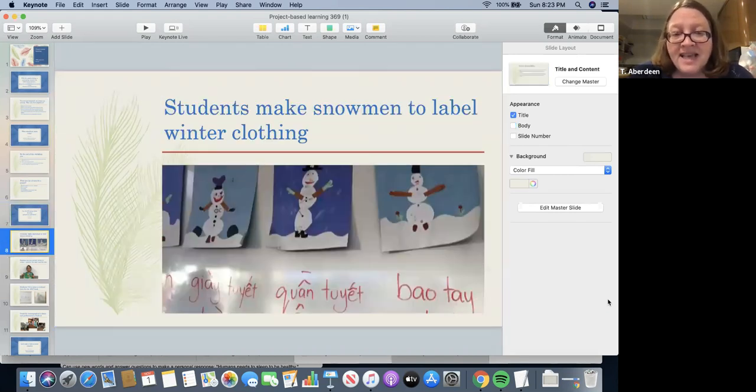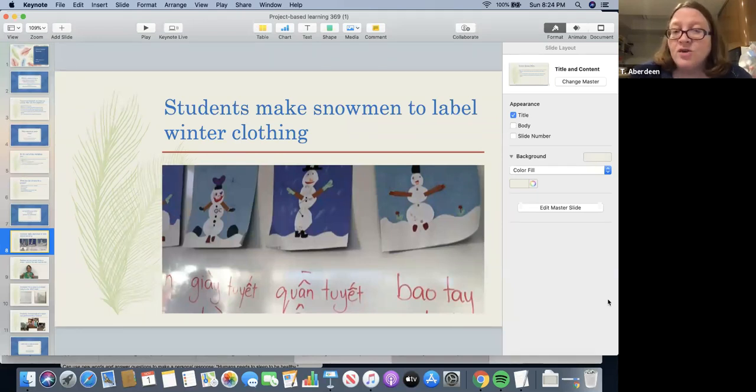And then the snowman has a hat, mittens, boots, a scarf. So when they were doing this activity, they were all labeling their snowman and their winter clothes. The whole goal of the activity was so that students learned their winter clothing.